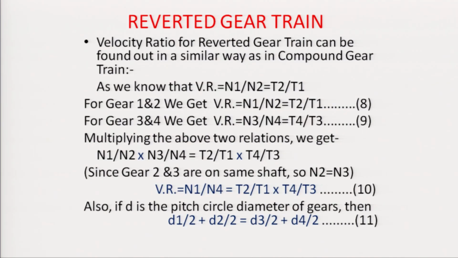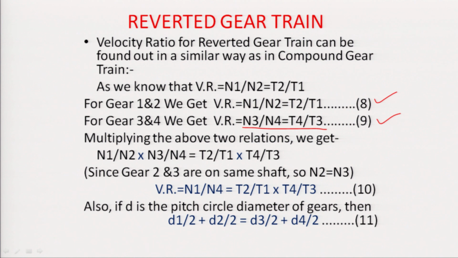For gears 1 and 2, we get velocity ratio N 1 by N 2 equals T 2 by T 1, that gives relation number 8. And for the next pair, gears 3 and 4, we get velocity ratio N 3 by N 4 equals T 4 by T 3, that gives relation number 9. Now, multiplying the above two relations, we get N 1 by N 2 multiplied by N 3 by N 4 equals T 2 by T 1 multiplied by T 4 by T 3.